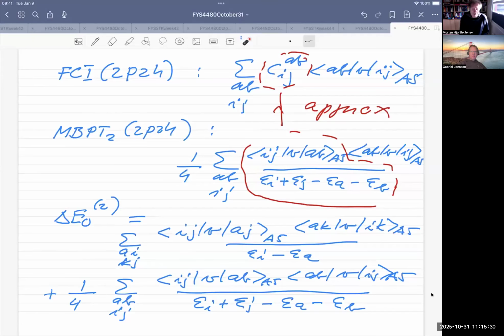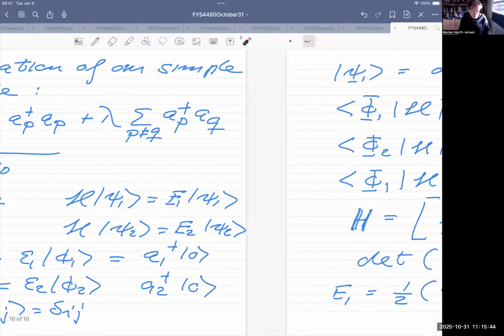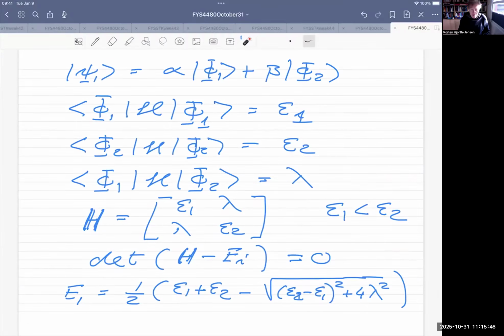So before the break, what we did was actually to set up the terms to second order perturbation theory. What we're going to do now, first, is to go through this simple example and see how, through such a simple example, we can recognize the different terms when we now expand the square root, which we have here.